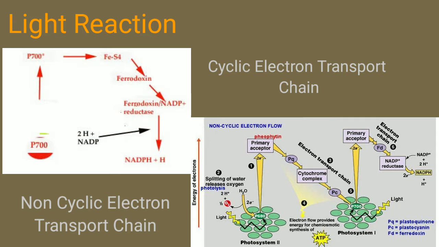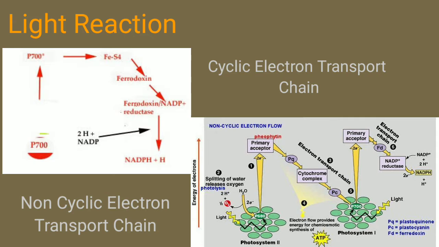And the light reaction was all about generating the assimilatory power in the form of ATP and NADPH, which is produced during the second phase of the light reaction that takes place within the thylakoid in the chloroplast.